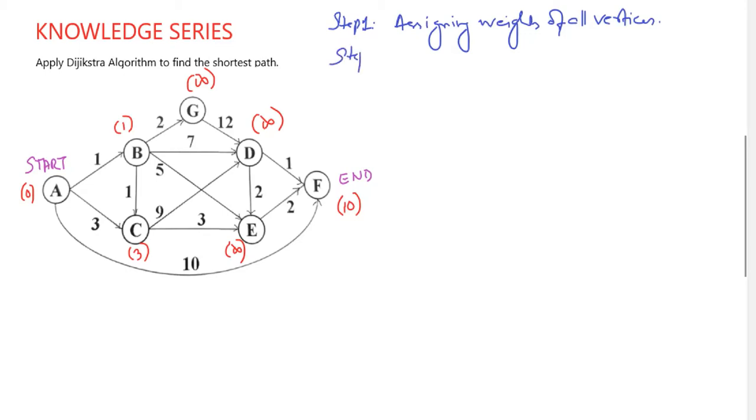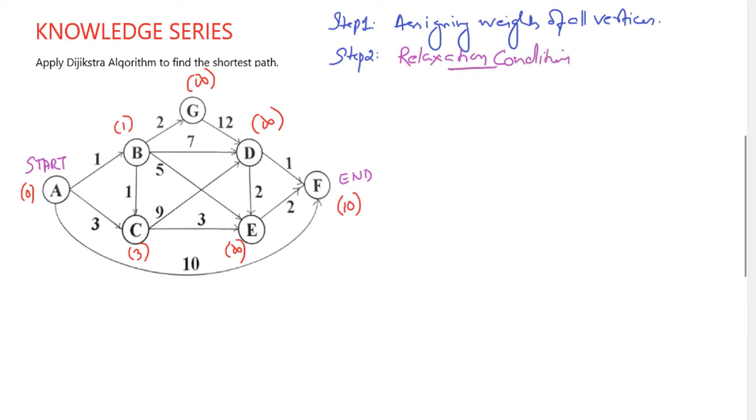That is step 2. In step 2, what are we going to do? We are going to apply the relaxation algorithm, or we can say the concept related to the relaxation condition. So let me put this as the relaxation condition.